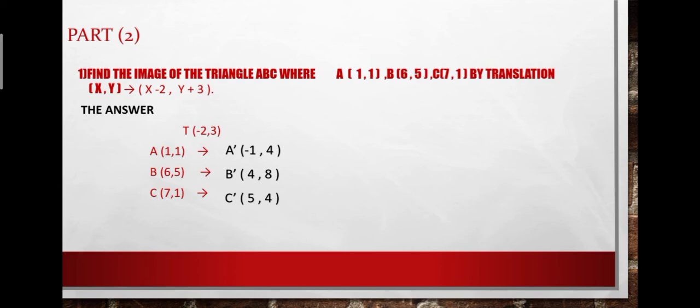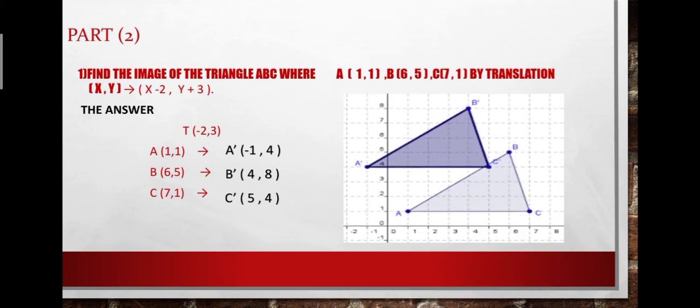To represent these points, first I will represent A, B and C and join between them. Next, I will make A dash, B dash, C dash, and I will join between them. Let's see the figure.